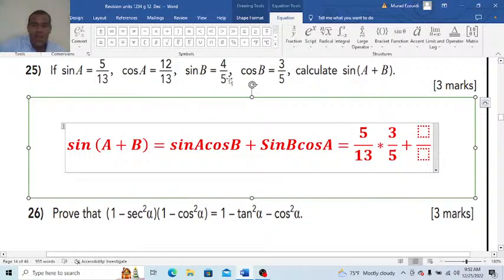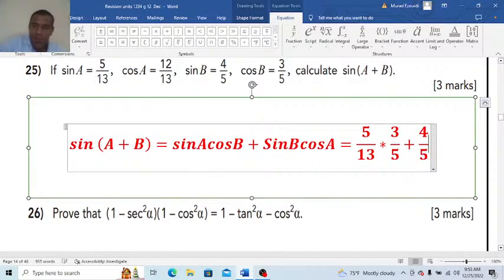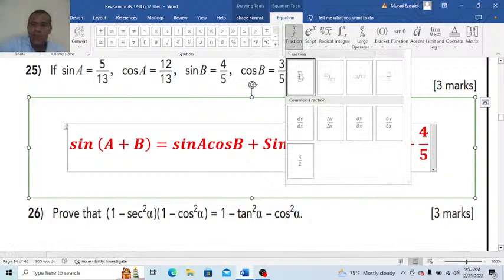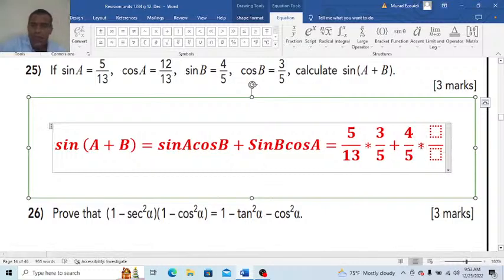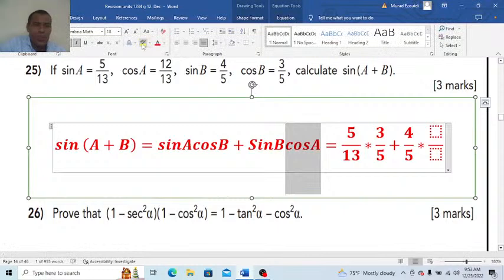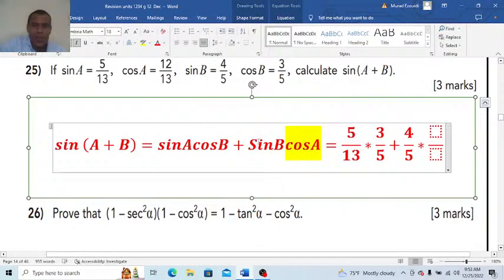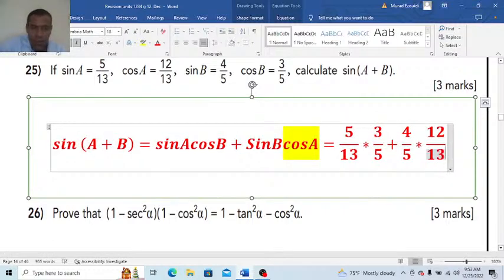Now we move to sine of b, which is 4 over 5, multiplied by cosine of a. Cosine of a is 12 divided by 13.